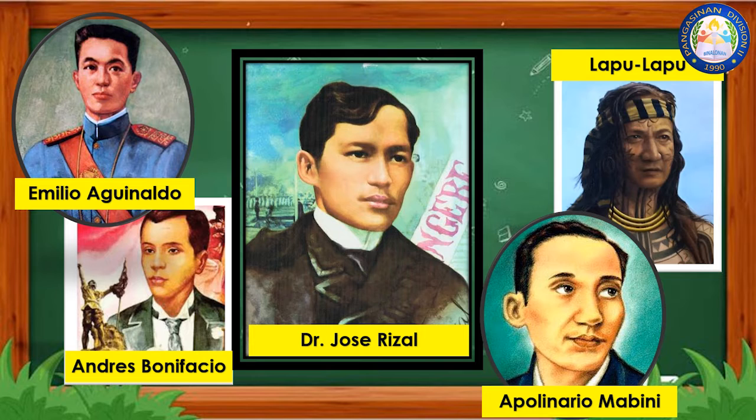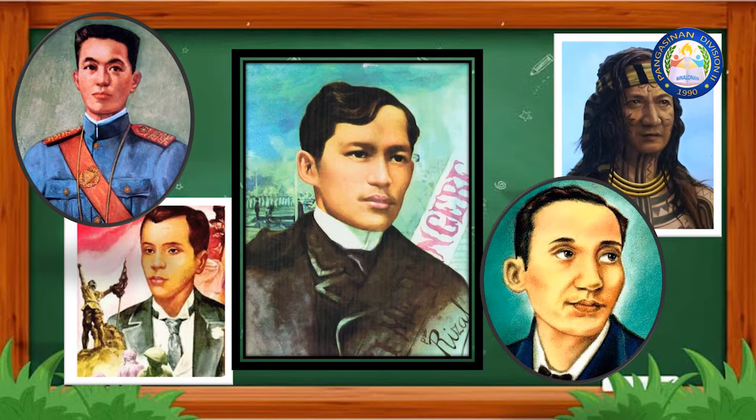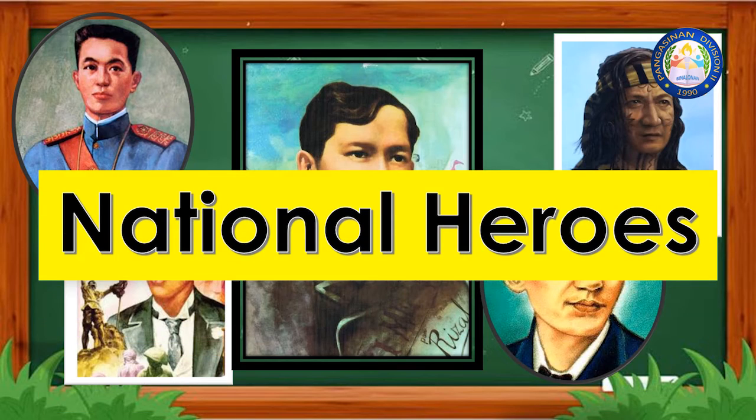And the last one is Apolinario Mabini. Now, what is the general name for them? What are the general names we could associate with them? Anyone from the class? Okay, very good. We call them national heroes.